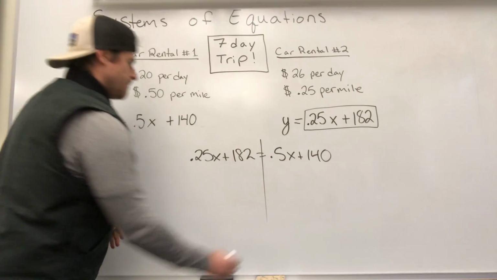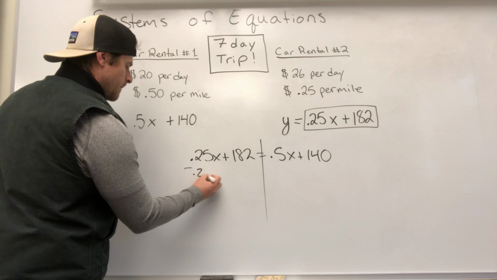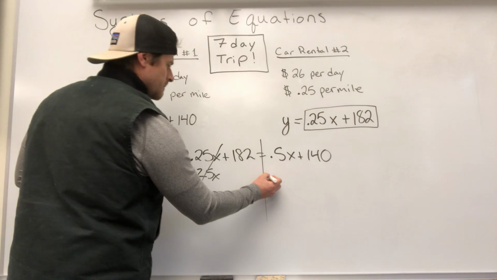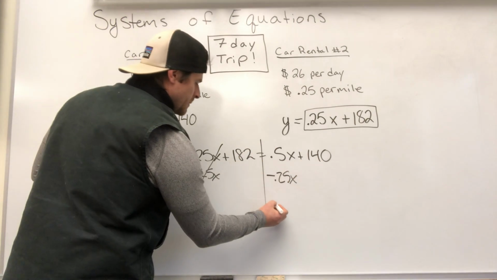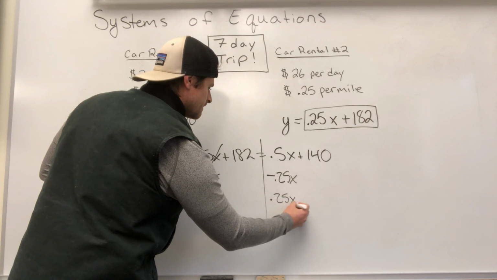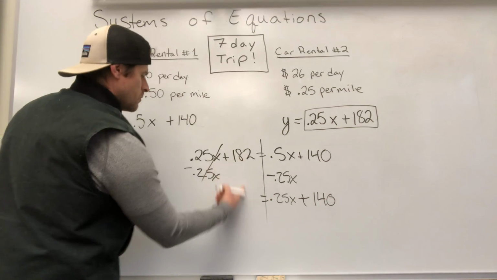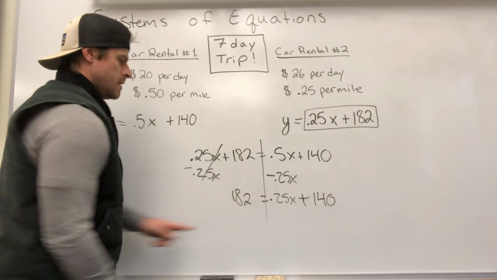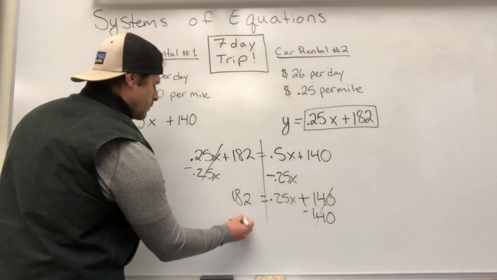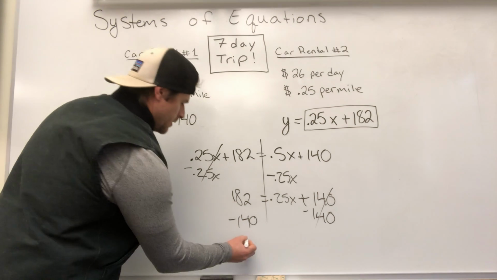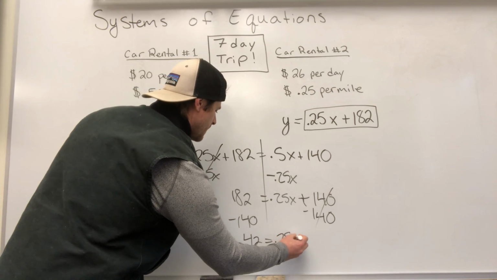Now I'm going to solve. I would take 0.25x away from this side, cancels, take away 0.25 with the X attached. That's gonna leave me with 0.25x plus 140 equals 182. Take away 140, take away 140, and I'm left with 42 equals 0.25x.